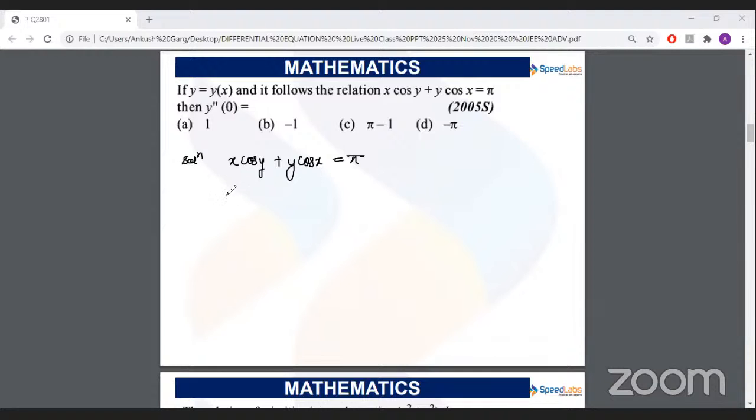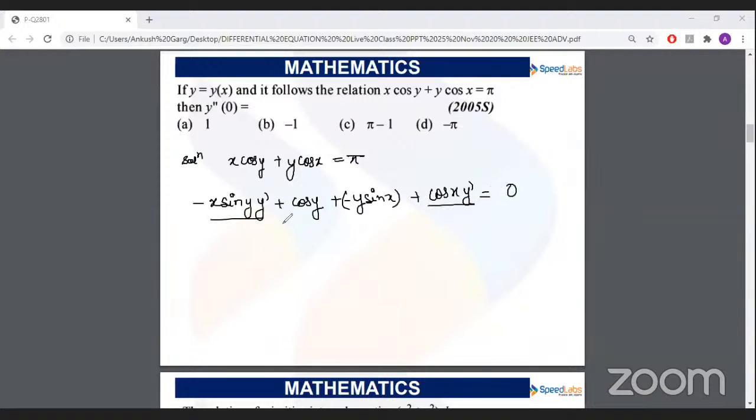So first if I differentiate it, what will I get? x times the differentiation of cos y will be minus sin y, y dash. And if I keep cos y constant, differentiation of x will be 1 only. Here if I keep y constant, differentiation of cos x is again minus sin x. And if I keep cos x constant, differentiation of y will be y dash, and differentiation of pi is 0.